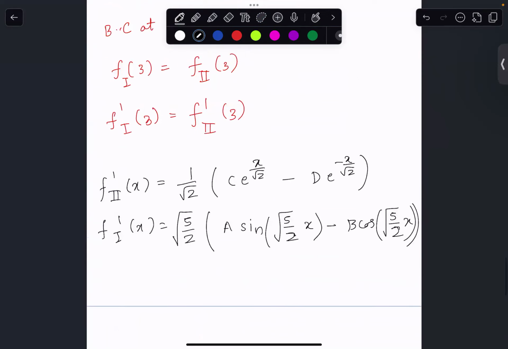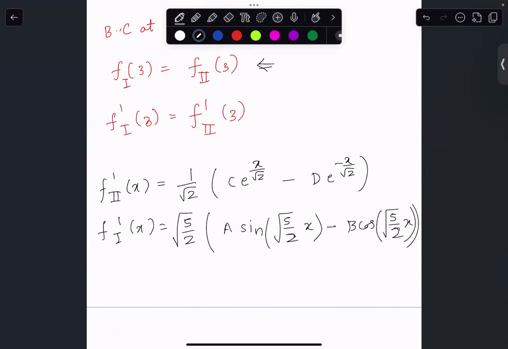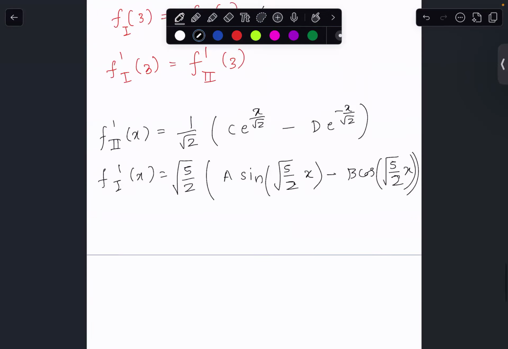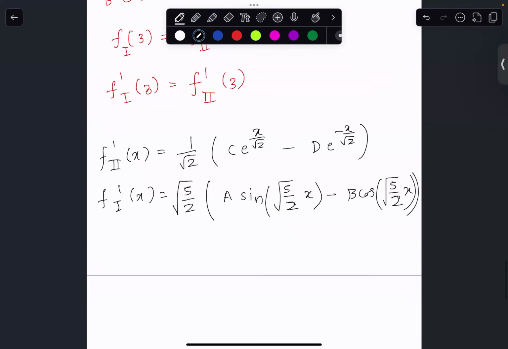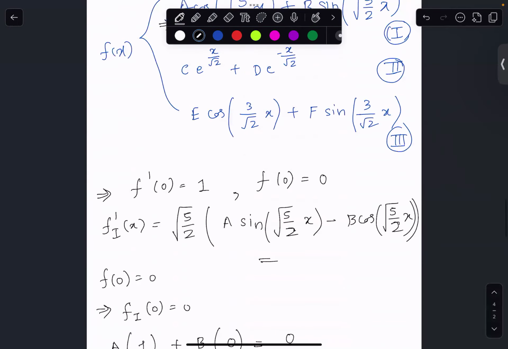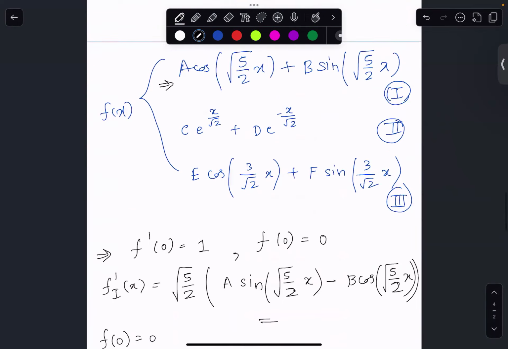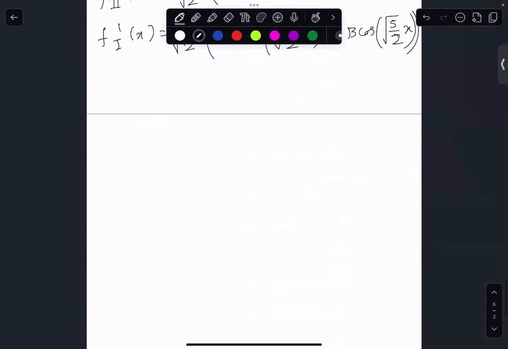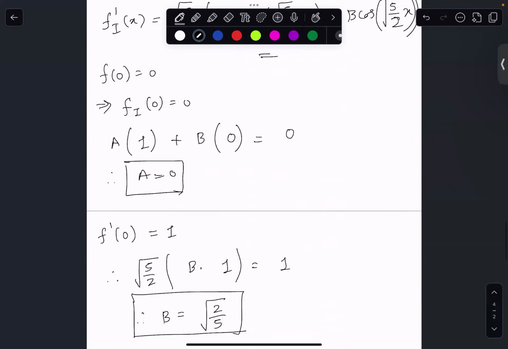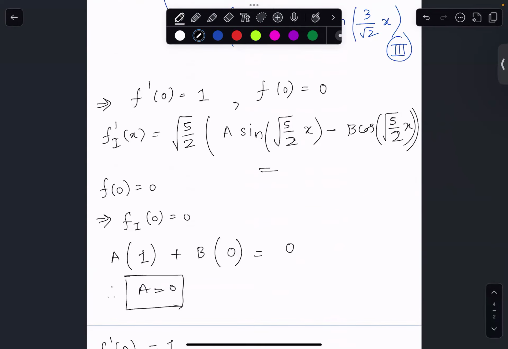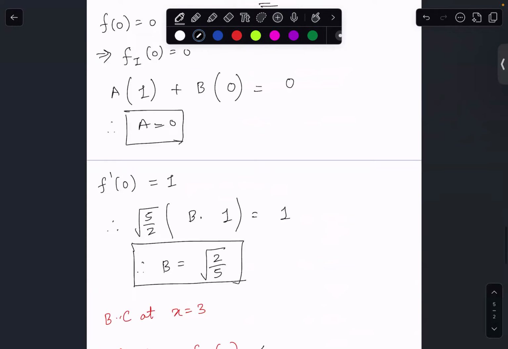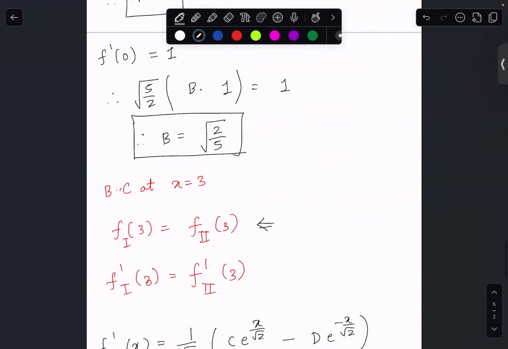So first we apply this boundary condition here, and so the left hand side is f in region 1 at 3. That would give me the value of b, which we already know is square root of 2 upon 5. So I substitute that here.